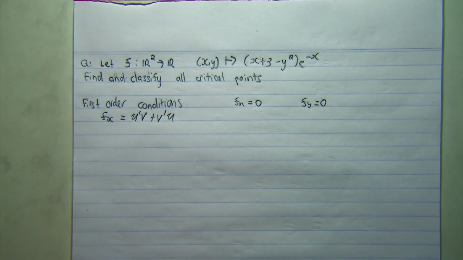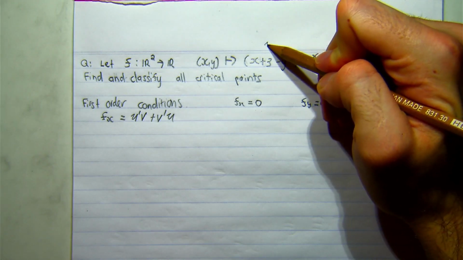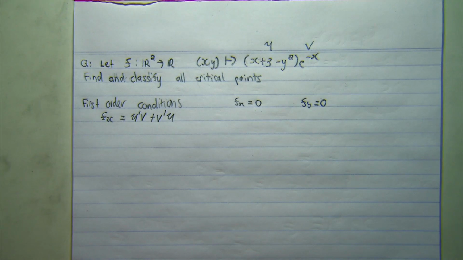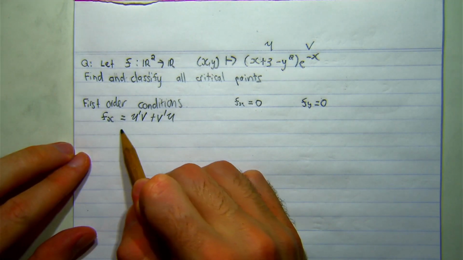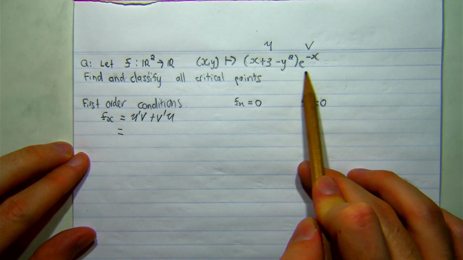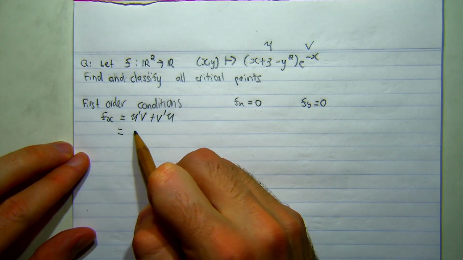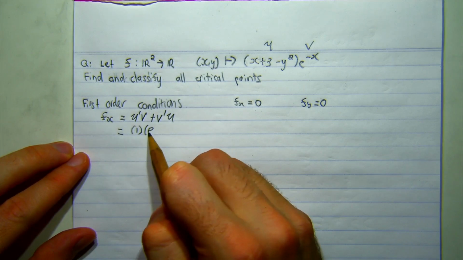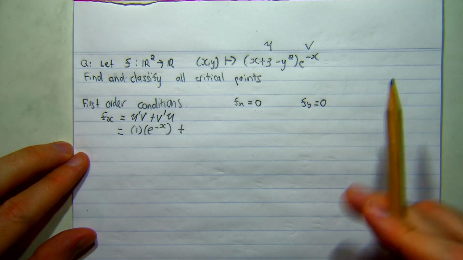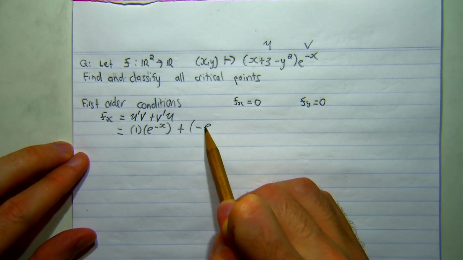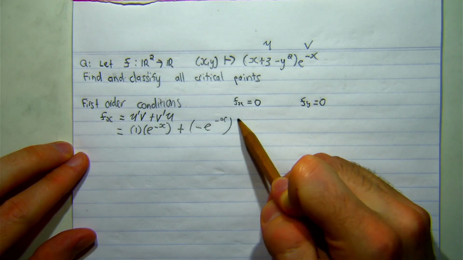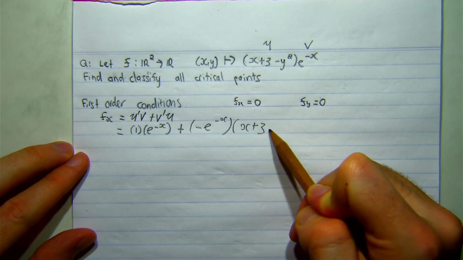If we call this u and this v, we can differentiate with respect to x and plug it in. u dash is just 1, and v is e to the minus x. So that's 1 multiplied by e to the minus x, plus v dash u. v dash will be minus e to the minus x, and then u is just going to copy in from above.